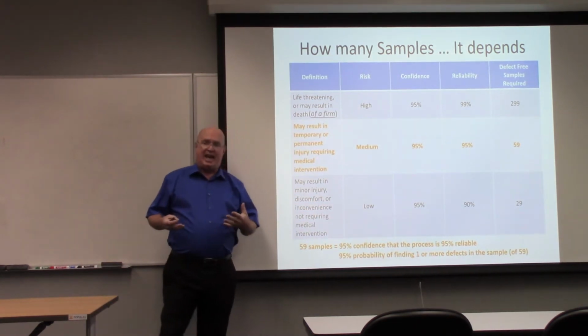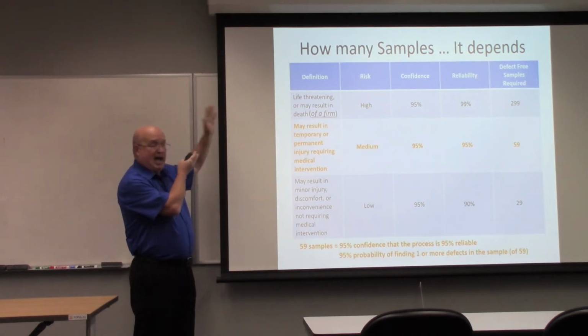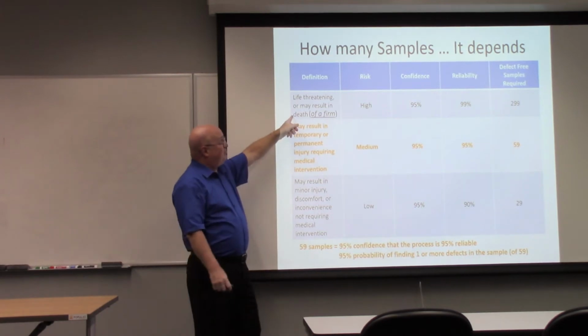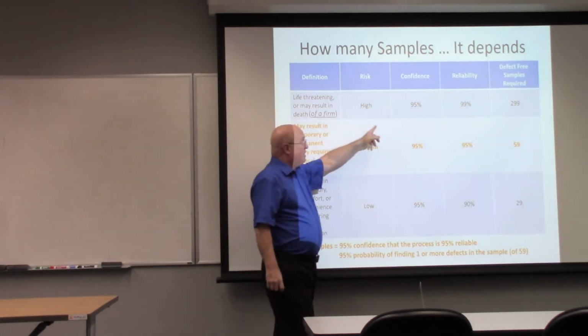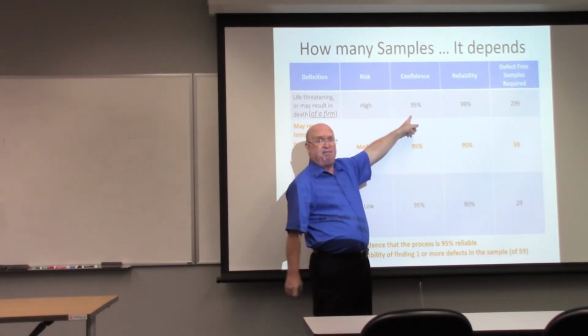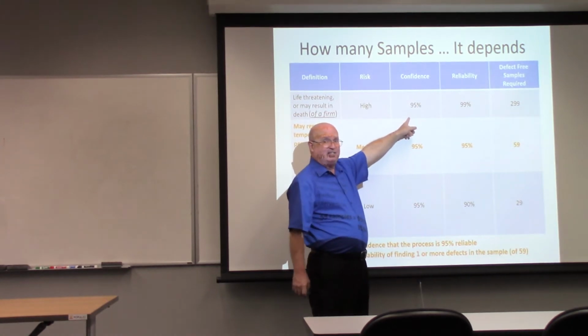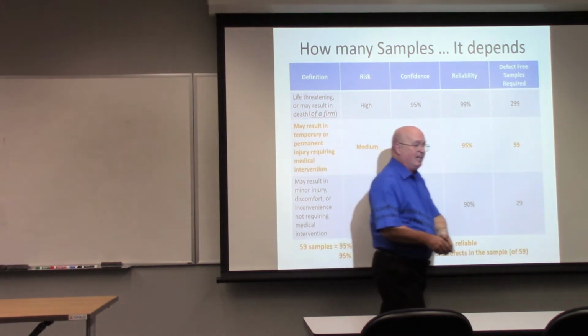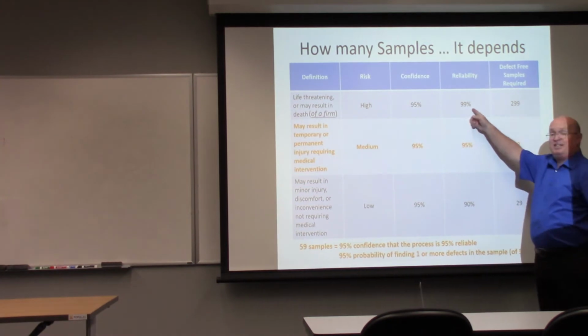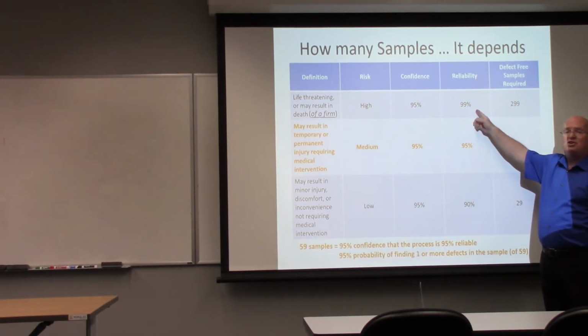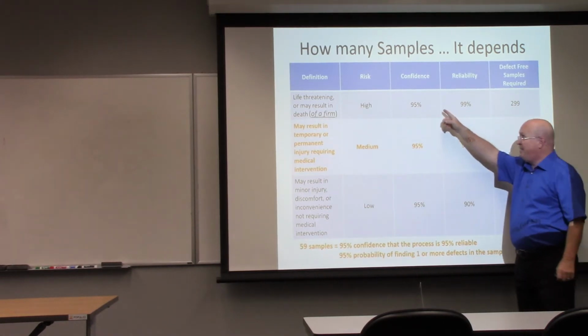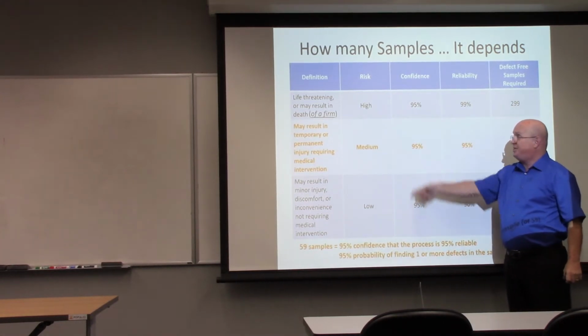So what we're looking at is, all right, I'm looking to move my team, so I'm looking for a high risk. Now, I want to have 95% confidence that 99% of the time my choice is going to be reliable. So 95% confidence. Now this can change.